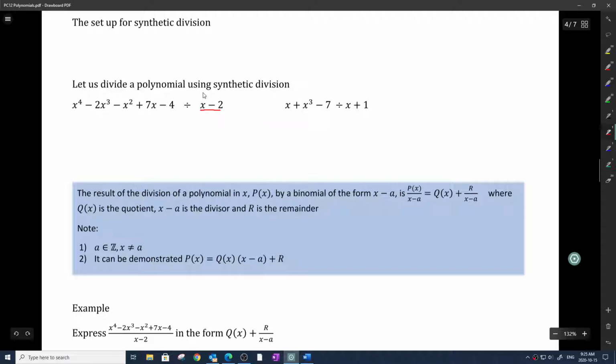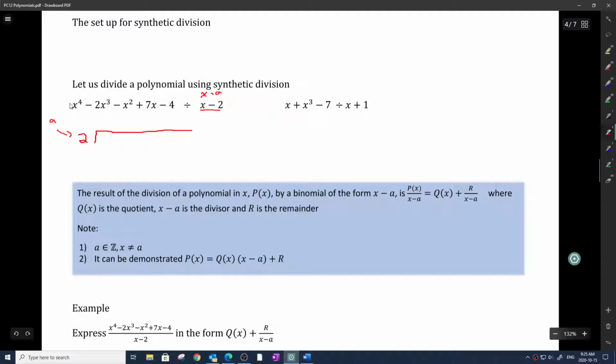So this is synthetic division. If my divisor is x minus a, the number that goes in front is a. So this is x minus 2. That implies that a is 2, so 2 goes on the left side of that division mark.